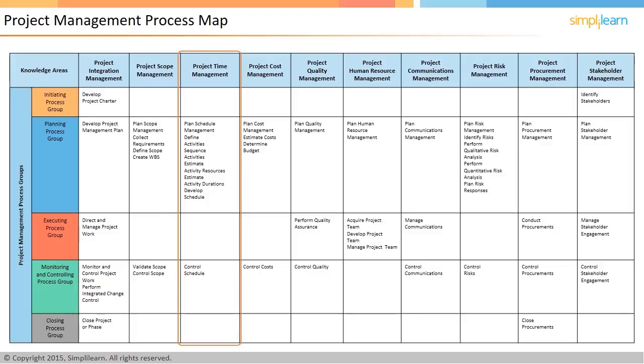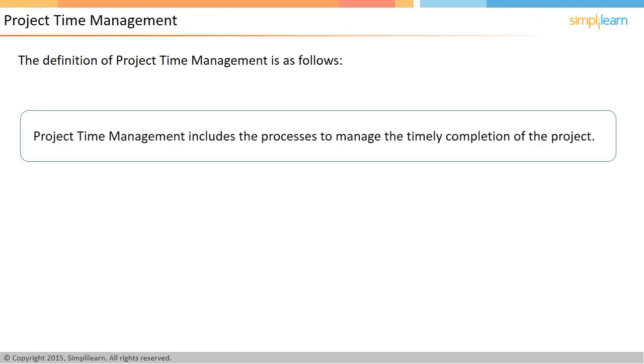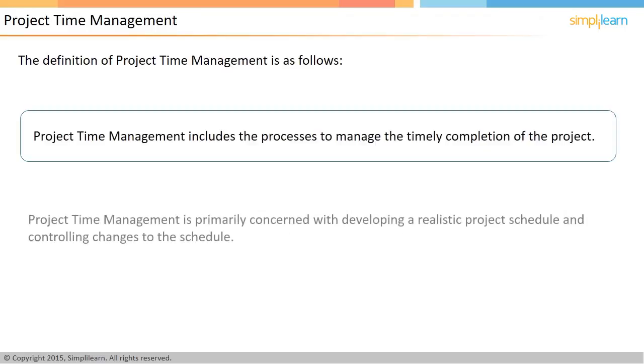Project time management. The purpose of project time management is to ensure that the projects get completed on time. This knowledge area is primarily concerned with developing a project schedule and ensuring that the project goes as per the agreed schedule. If there is a need to change the project schedule, the change should happen by following a proper change control procedure.